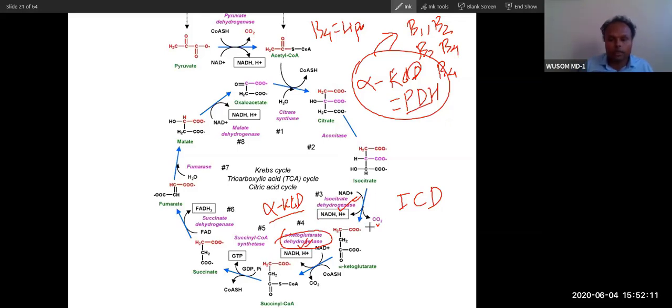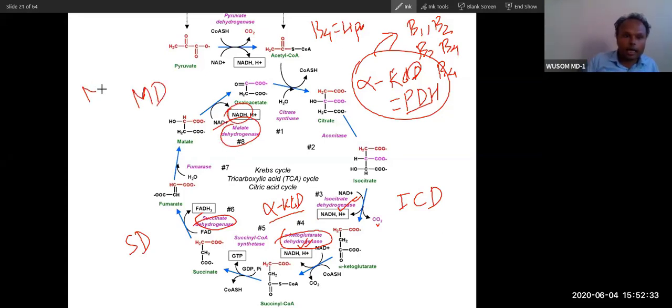Both are oxidative. Now for the other steps: succinate dehydrogenase releases FADH2. Malate dehydrogenase will release NADH.